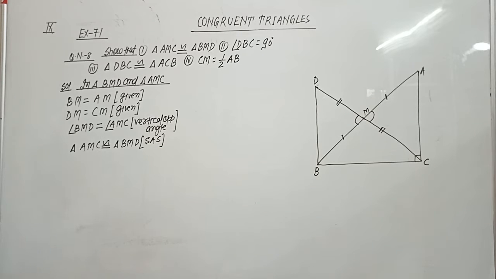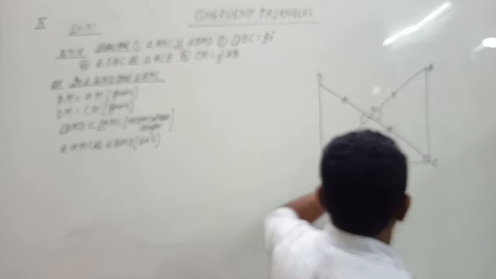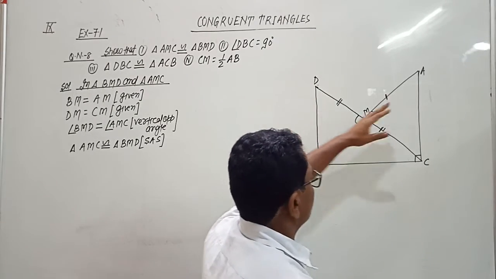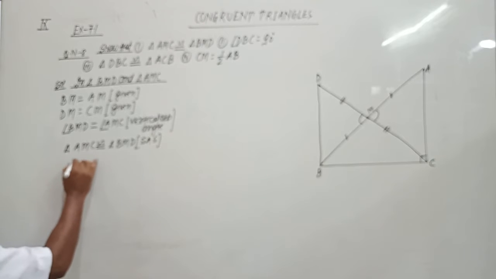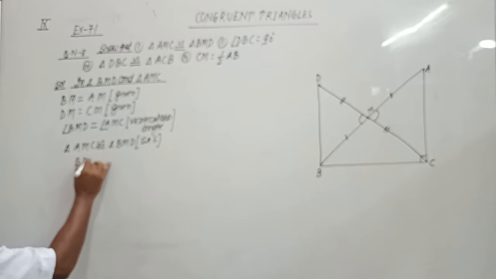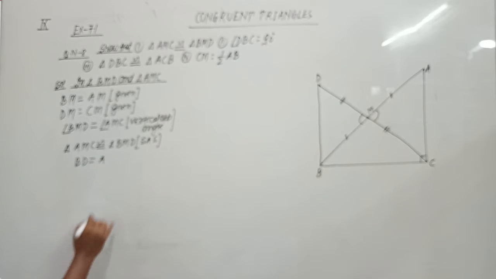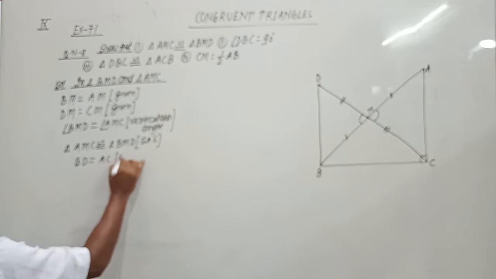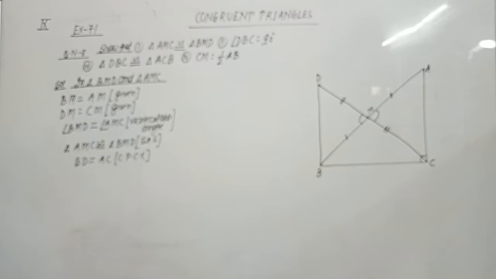Now by CPCT, since these two triangles are congruent, we can write BD equals AC by CPCT, corresponding parts of congruent triangles.